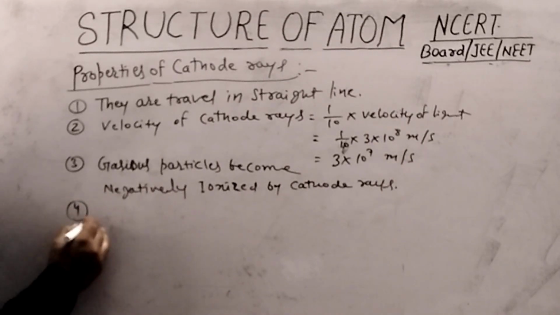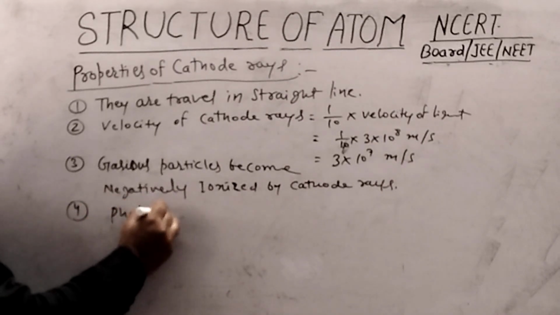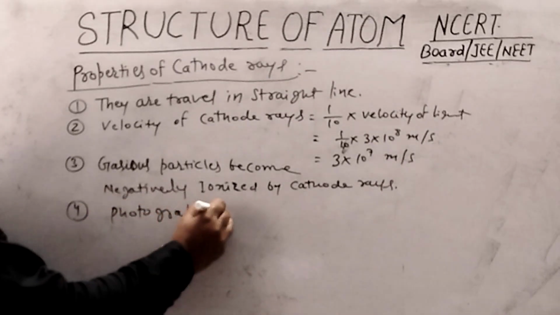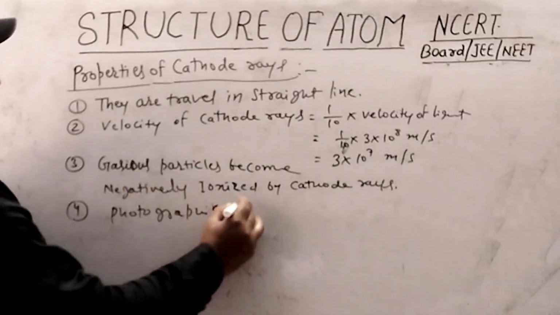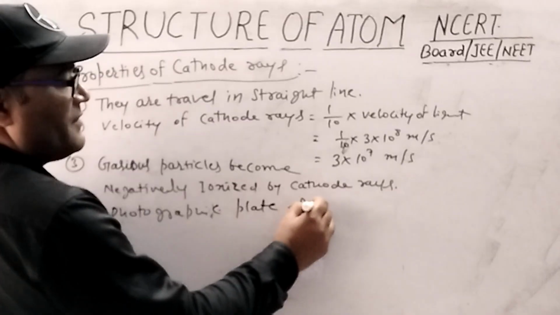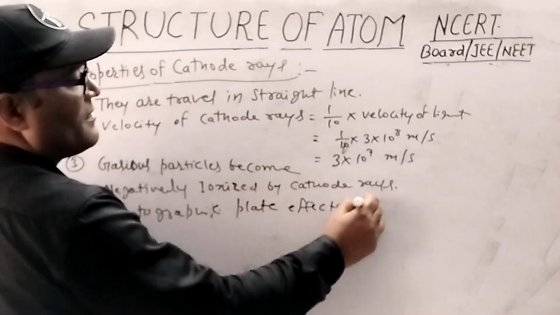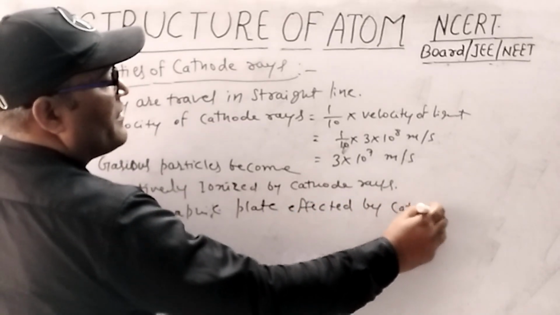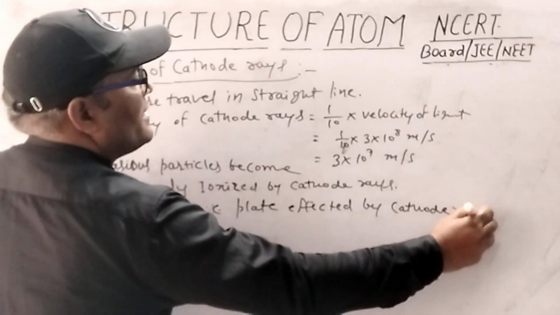Fourth point is photographic plate is affected by cathode rays.